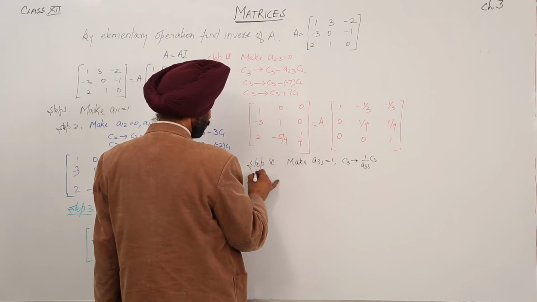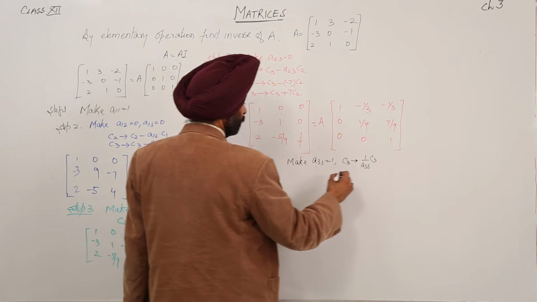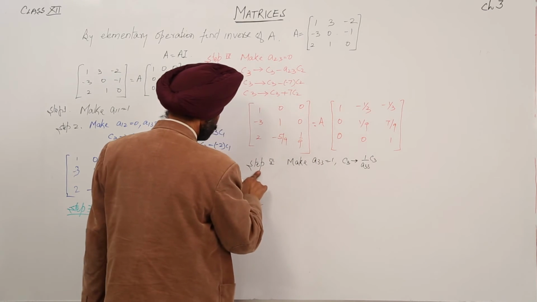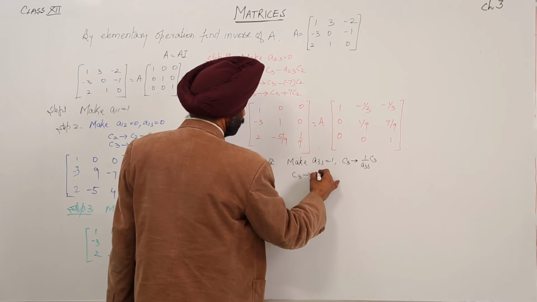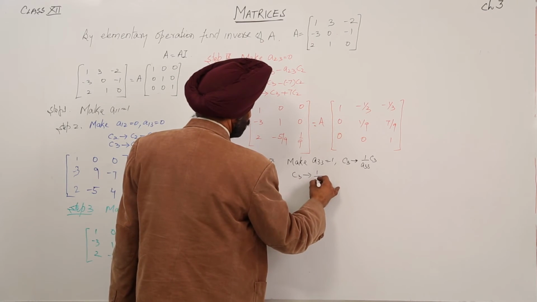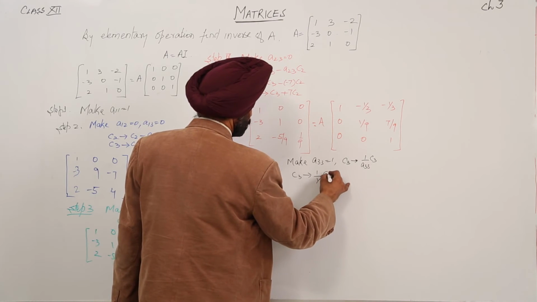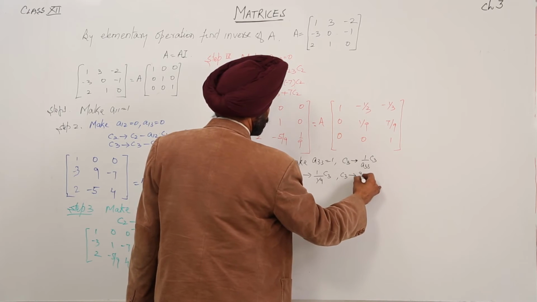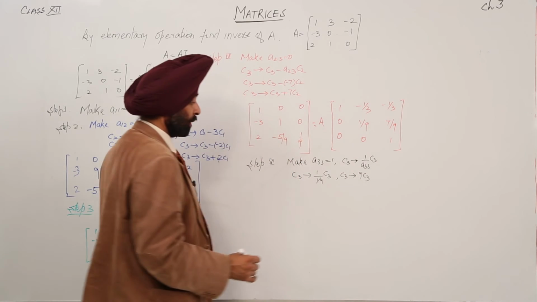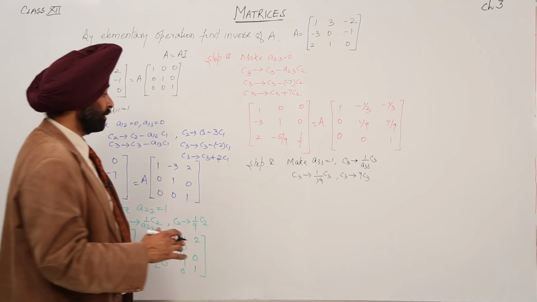We can write it as C3 approaches 1 upon 1 by 9 C3, or C3 approaches 9 C3. It will be multiplied by 9 now.